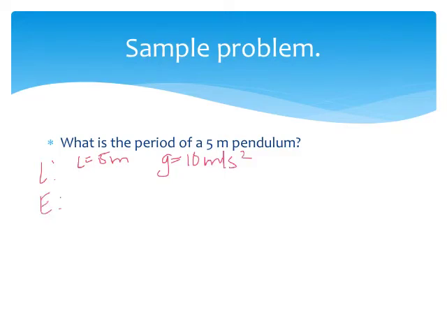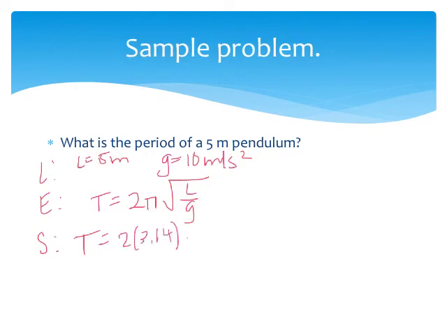Our equation, T equals 2 pi times the square root of L over G, and then T equals 3.14 times square root of 5 over 10. Okay, you don't have to write in 3.14 for pi, because pi in and of itself does stand for a number. It's not a variable, but I'm just doing that so that you see.